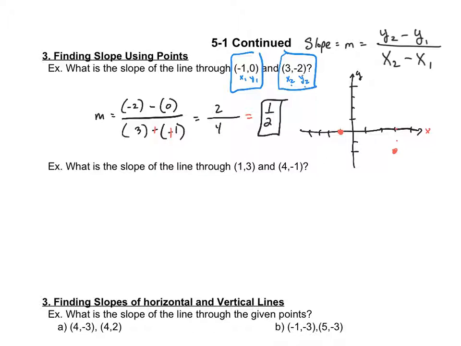So if I were to graph that line and just count my points, it looks like when I go from this point up, I go up 2. So I'm going to go up 2, and I'm going to go left 5.